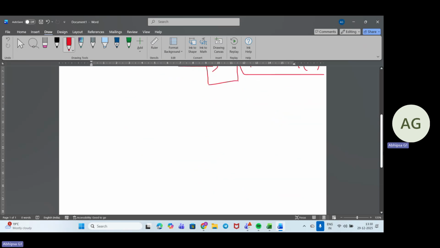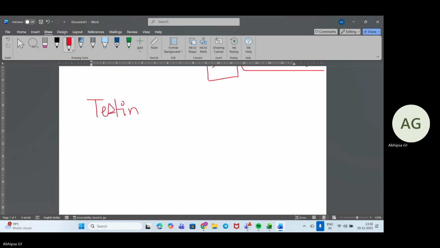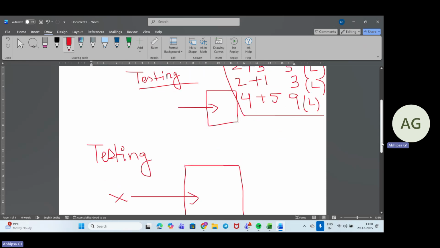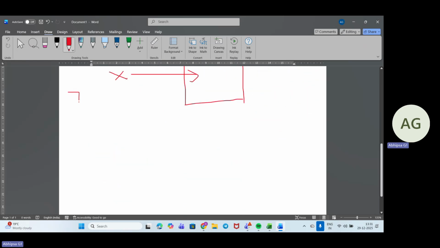Now coming down here to the testing, we are taking the same model that has learned, and here we are feeding it X. X means, as we have taken 2 plus 3, 2 plus 1, 4 plus 5, for the X we are giving 7 plus 1.